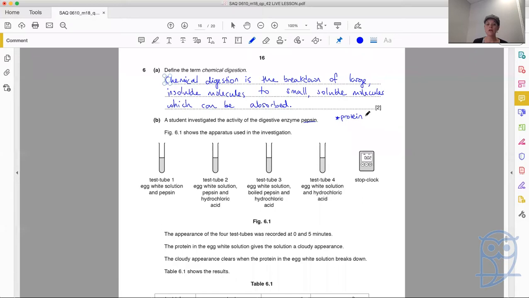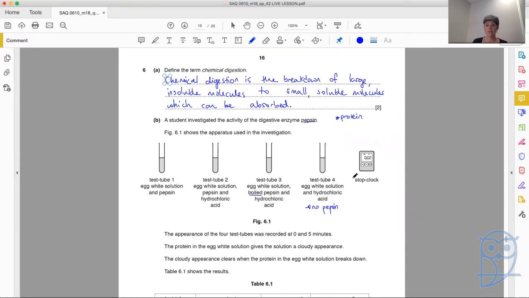Test tube 2 had egg white solution, pepsin, and hydrochloric acid. Test tube 3 has got egg white solution, boiled pepsin, and hydrochloric acid. And test tube 4 has an egg white solution and hydrochloric acid. No pepsin. And then, of course, we have a stop clock.